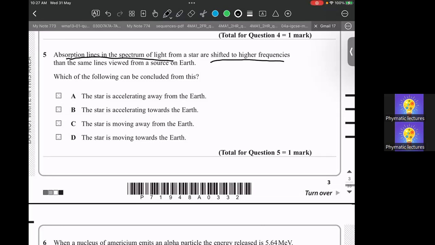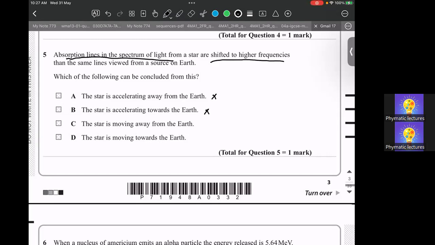According to the concept of the HR diagram and this Doppler effect concept that we learned in astronomy and astrophysics, there is no connection between the shift and the acceleration. So we can neglect options A and B. Now the competition is between options C and D: whether the star is moving away from the earth or towards the earth.